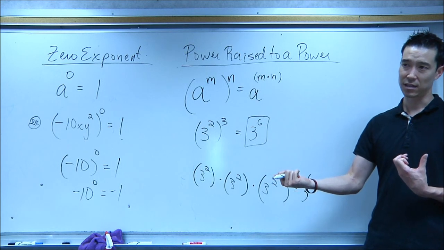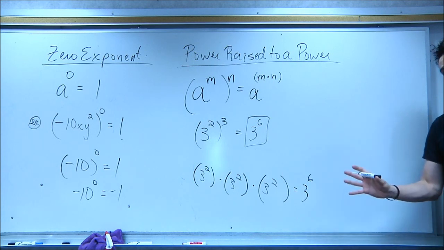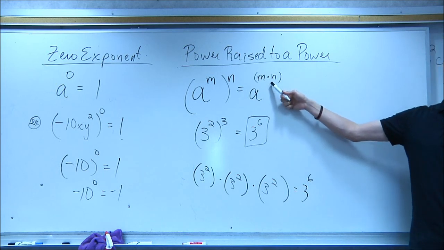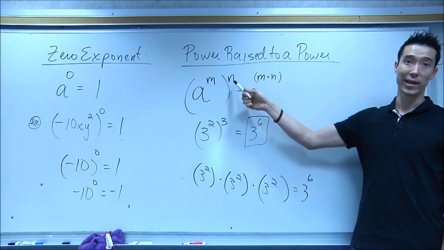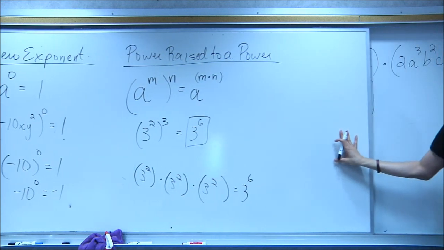That make sense? So that's why we multiply here. But a lot of students get confused as to when to multiply and when to add, so I'm trying to get rid of that confusion. The only time you ever multiply is when you have a power raised to a power. That's the only time.